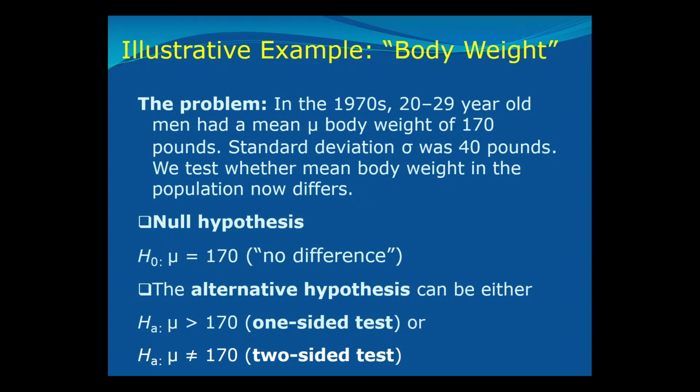So we should type mu not equal to 170. For the first alternative hypothesis, we should use a one-sided test or one-tail test. For the second alternative hypothesis, we should use a two-sided test or two-tail test.